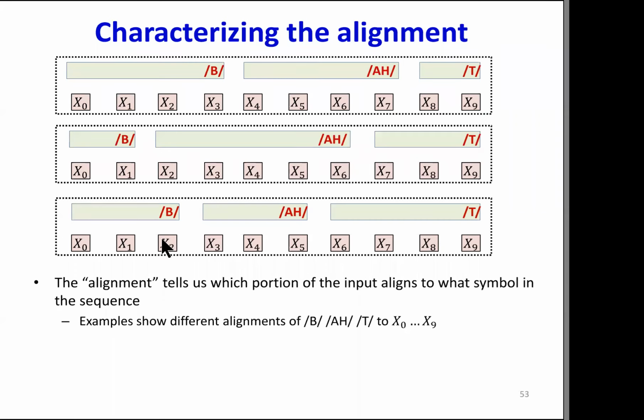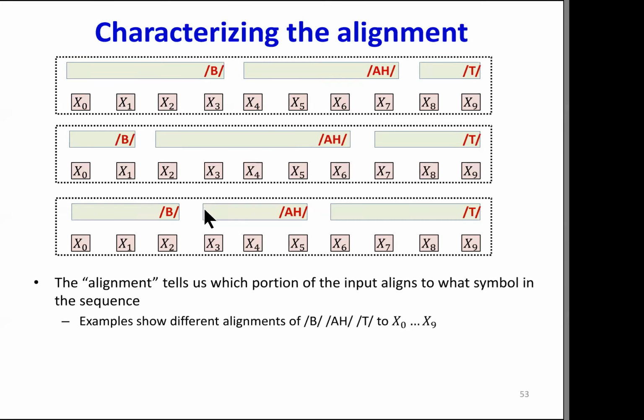Okay, so here is given an order aligned symbol sequence. There are multiple ways of aligning it to the input, right? The alignment basically tells you which sequence of inputs corresponds to any particular symbol sequence.